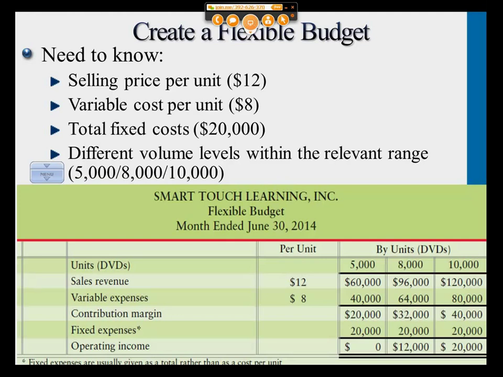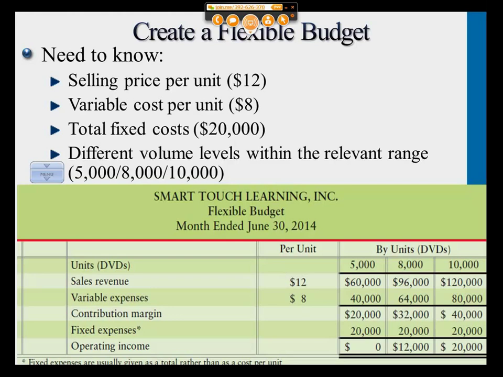All right, so here we have our flexible budgets for Smart Touch. Revenues, where we show our revenues and costs. So let's look just a little bit in detail. We have units, sales revenue, variable expenses, contribution margin, fixed expenses, and that in fact affecting our operating income. All right.